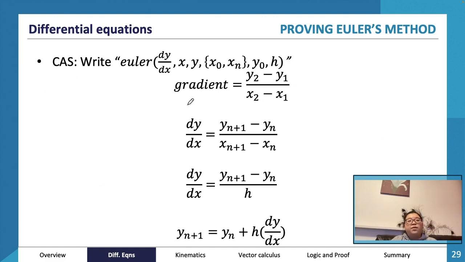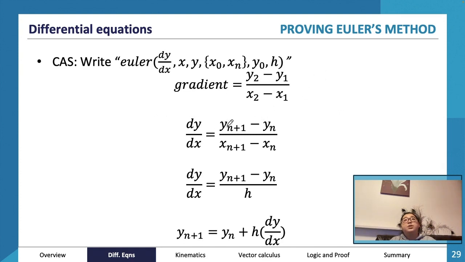So in terms of something that you can code in as well, you can write dy dx, all of this put in, and you can write the Euler's thing. You can see how this works here because the gradient is rise over run, right?